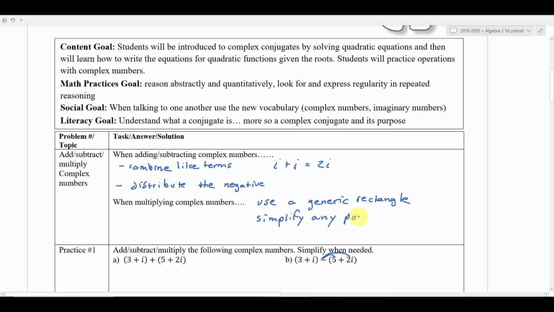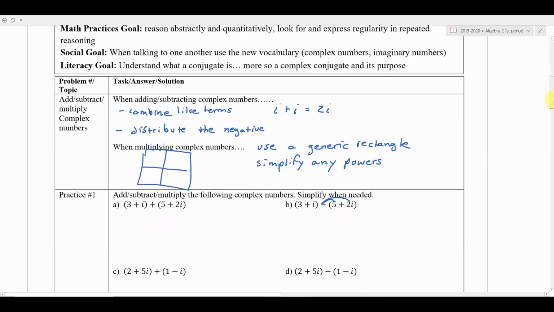And you'll see what this means here in just a second. So if you have any powers of i, you need to simplify that using what we learned in the previous lessons. Okay, so when I say generic rectangle, we're talking about this thing. We usually use it to factor. We've used it in the past also to multiply things like with x's. We can use it to also multiply things with i's. Okay, let's take a look at a few examples.